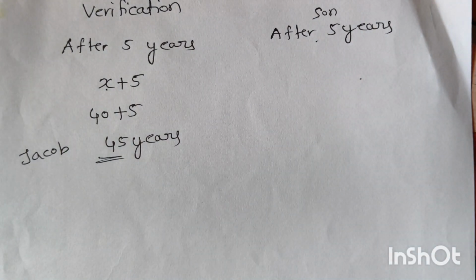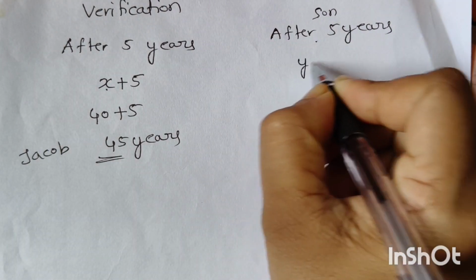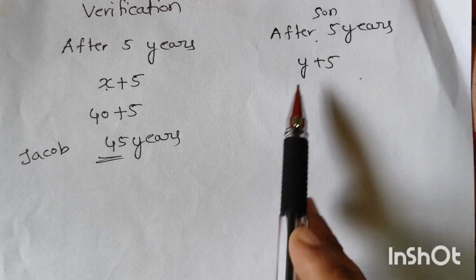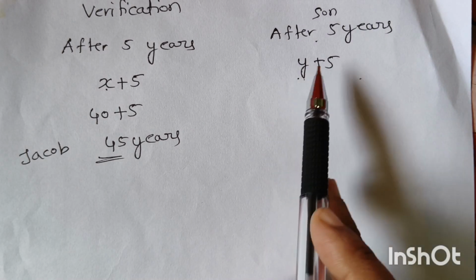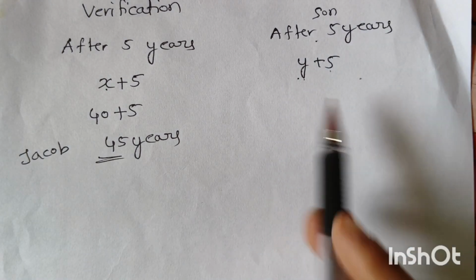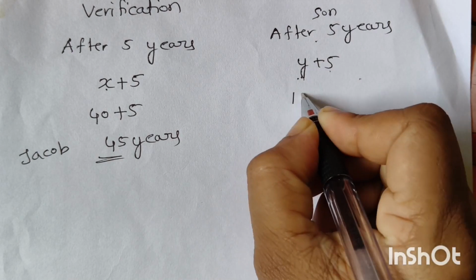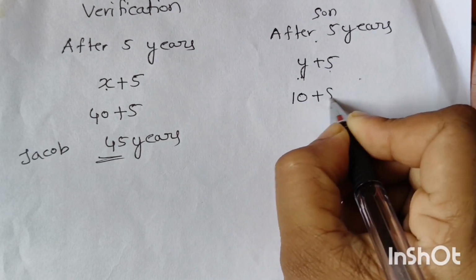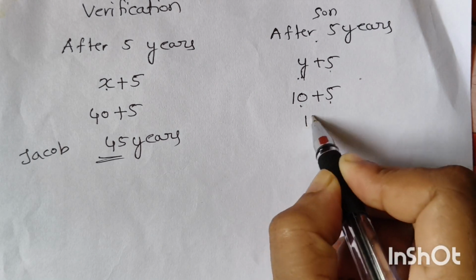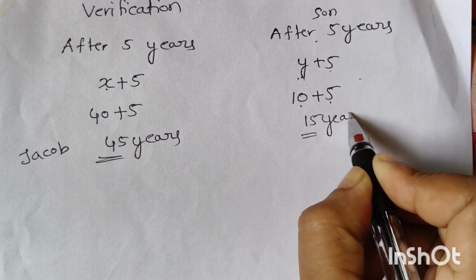What will be his son age? That is y plus 5. After 5 years, son age is, present age is y, and after 5 years it will increase by 5. Therefore, it is y plus 5. The value of y we got it as 10 plus 5. 10 plus 5 is 15 years.